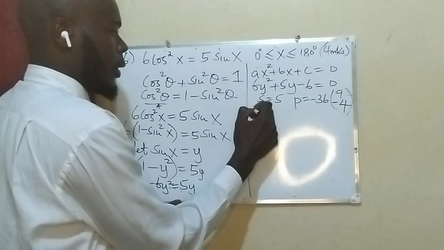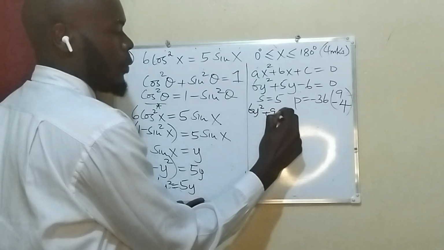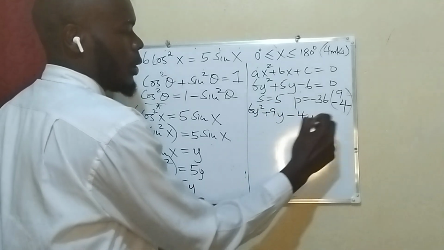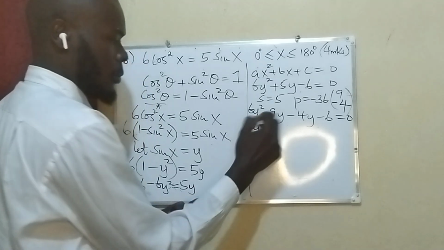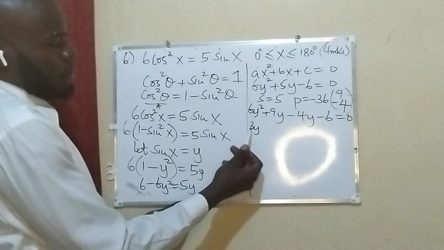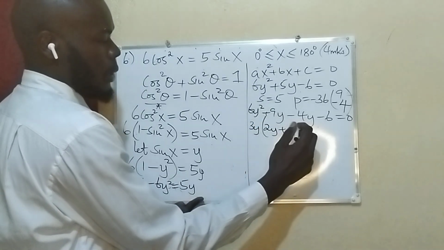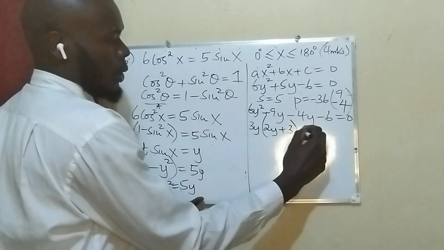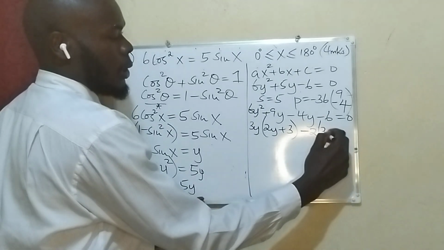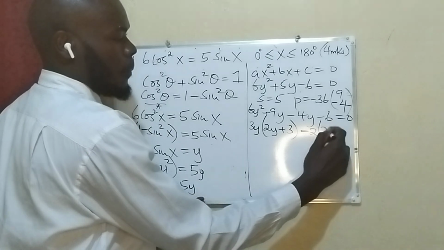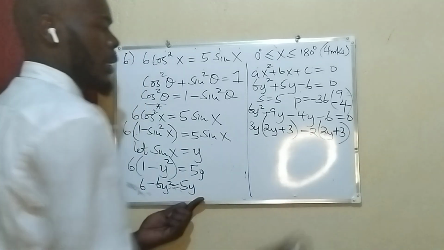So now you come and simplify. Now you'll have 6y squared plus 9y minus 4y minus 6 equals 0. Here the common term is 3y into bracket 2y plus 3, and here the common factor is minus 2 into bracket 2y plus 3.